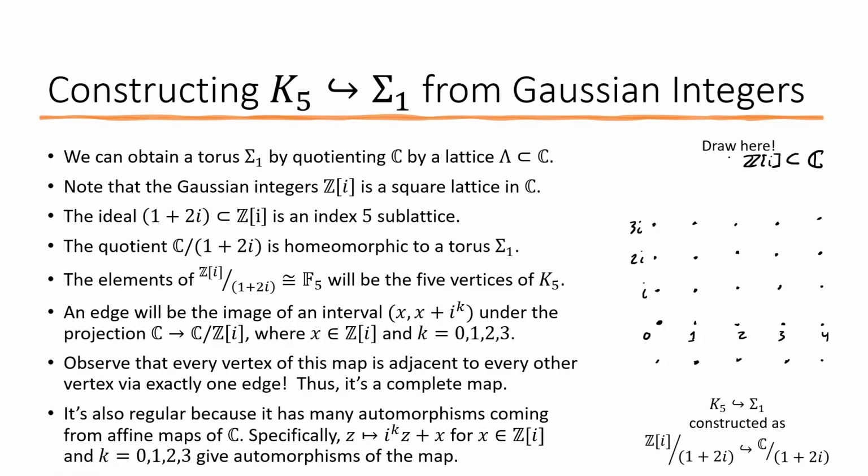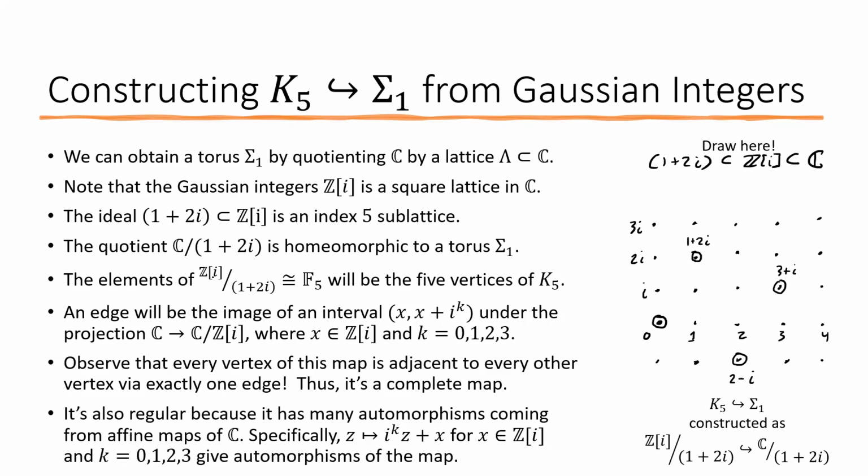So inside of here, I have 1 plus 2i, and I will draw those in circles. 1 plus 2i, here's another point on this lattice, and here's another point, and their sum is over here. So that's a sublattice inside of this lattice, and this has index 5.